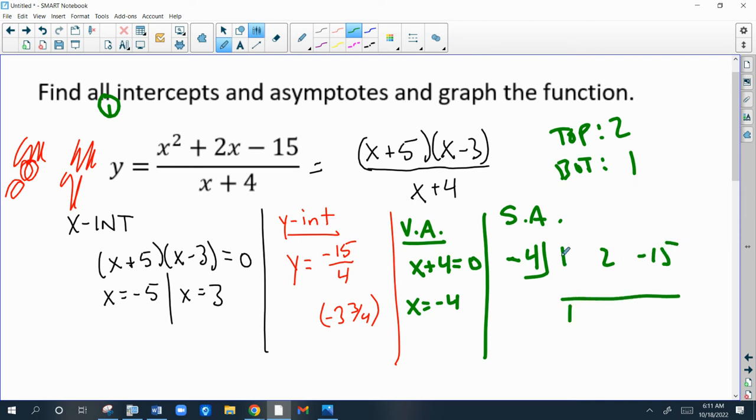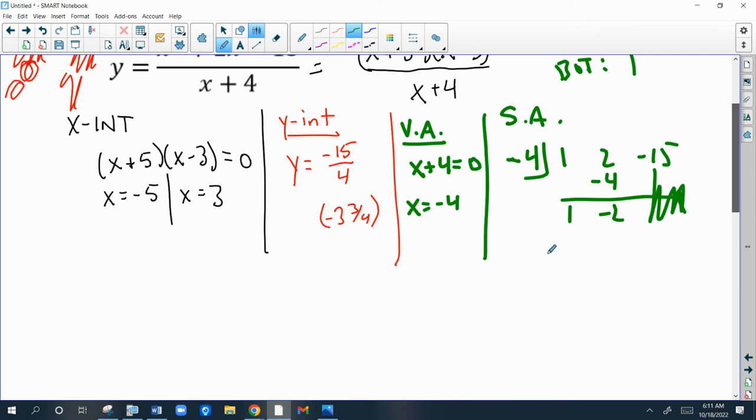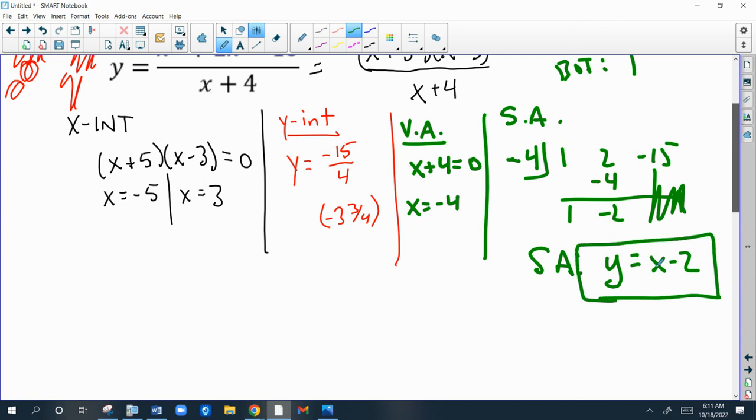So bring down the 1, multiply -4, -2. This will produce a remainder, so I don't care about it. We ignore the remainder. So the slant asymptote is at y equals x minus 2. Make sure you present it as an equation, y equals mx plus b, the same way you're presenting the vertical asymptote as an equation, x equals -4.